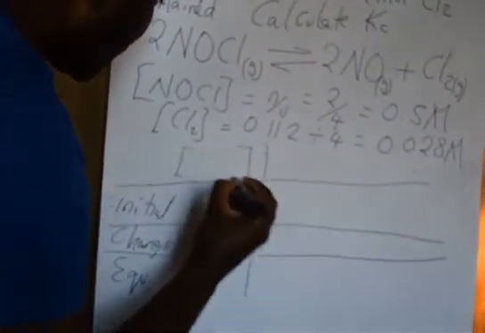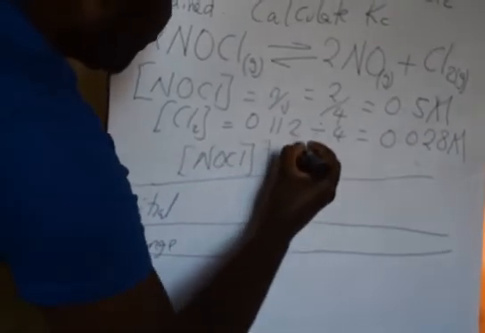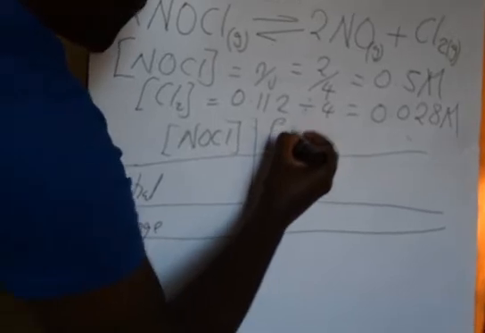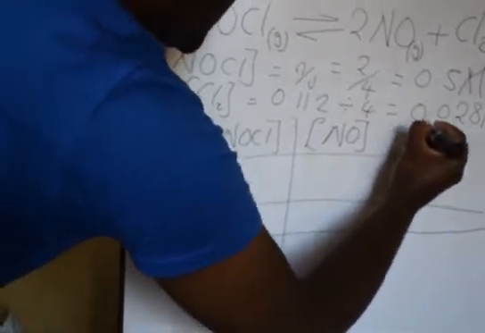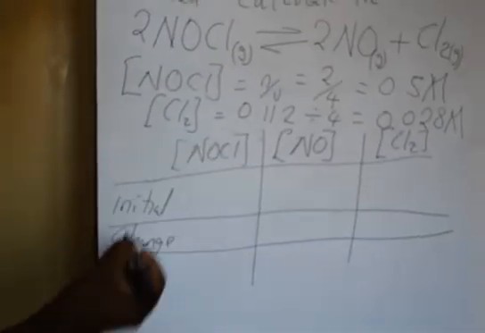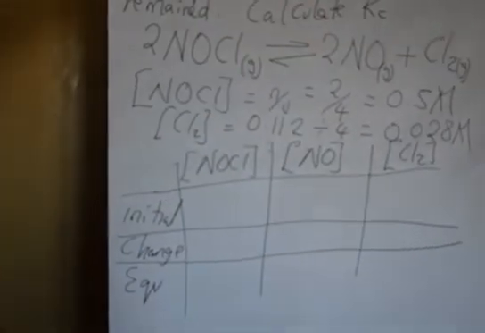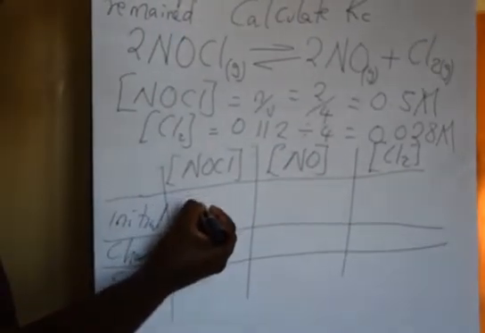So noting that this is a reactant, this is NOCl, that is NO, and that is Cl2. So that's how it is. So establishing that, we are told that this one is initially 0.5 molar.